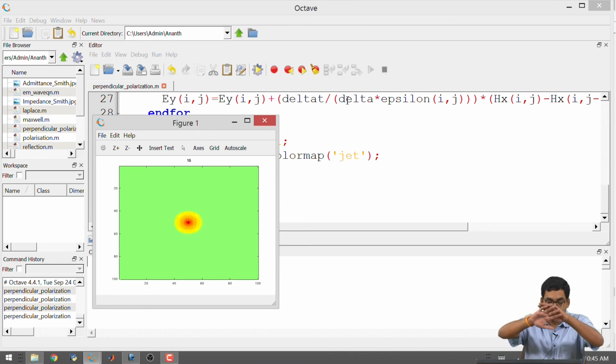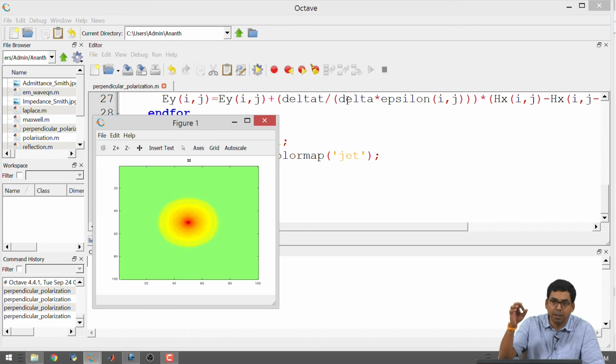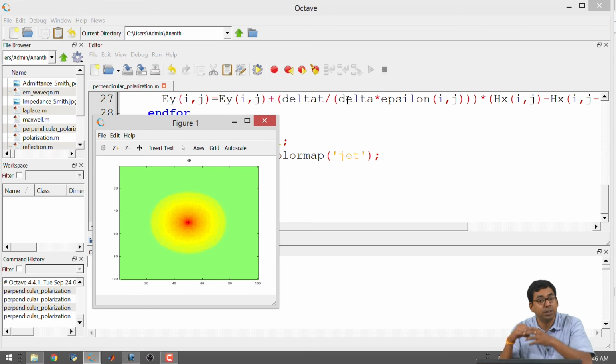We can see that as time progresses, the source is going outward. You are having the electric fields going outward. Since it is a point source, it is giving out a circular wave front, and we are plotting the y value of the electric field. The other thing to notice over here is in the center you have a bright red dot. As it goes outwards, it is becoming more and more yellowish, all right.